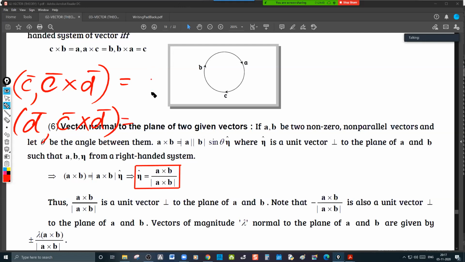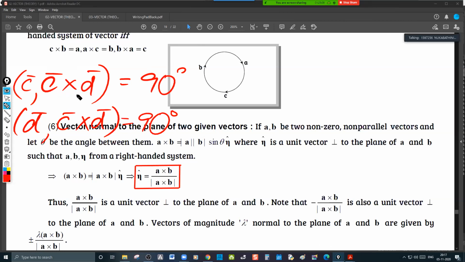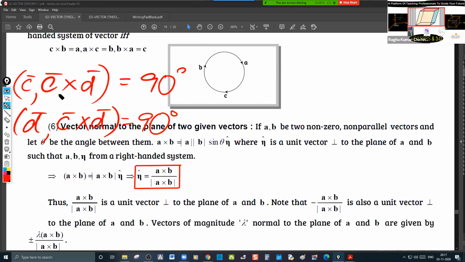Correct. Praneeth, very simple thing: is C bar cross D bar a vector product or a scalar product? Sir, vector product. That's good. Vector means it must have a direction. Then what is the direction of C cross D?